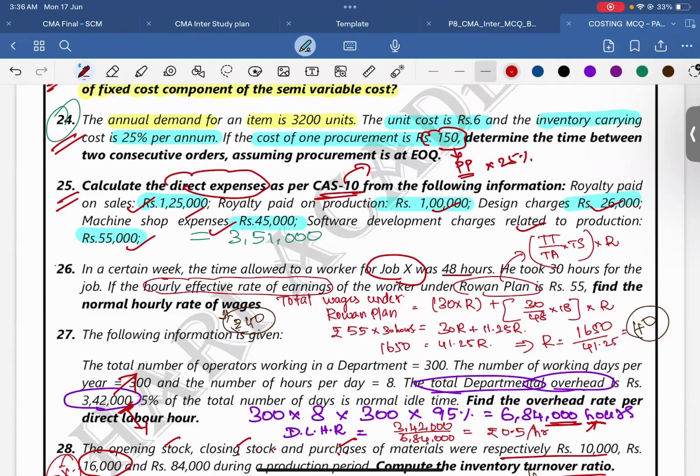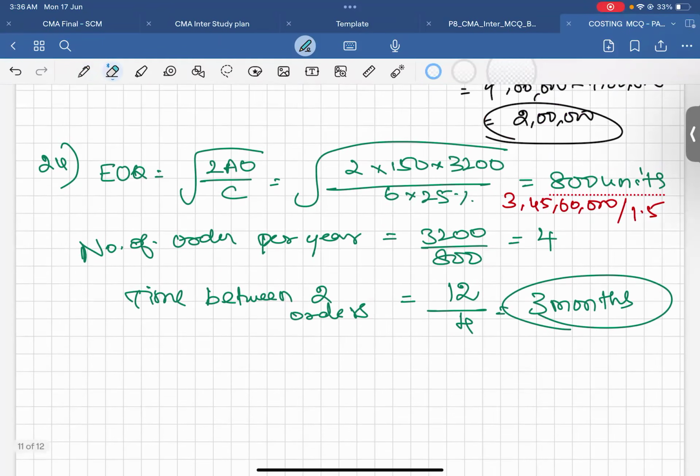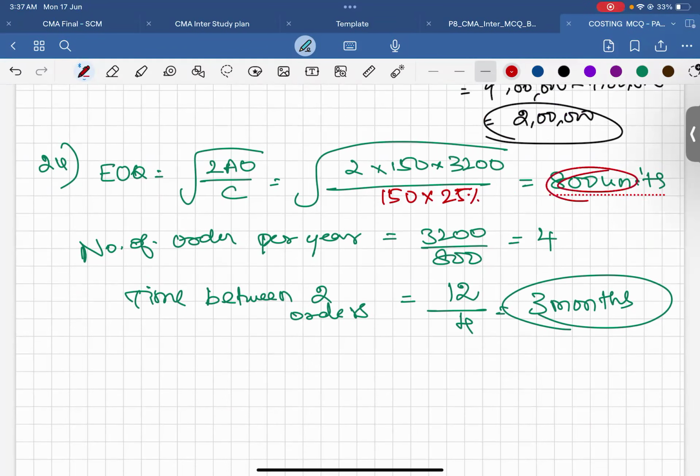150 into 25 percentage. What is the answer, guys? 25 percentage will give you 37.5, right? Here, what you will do, just erase it. 150 into 25 percentage, that will give you root of 37.5.